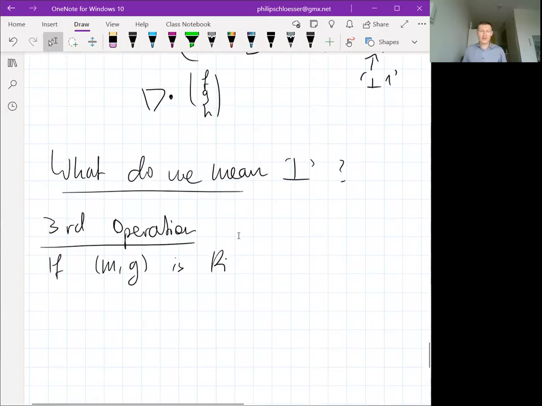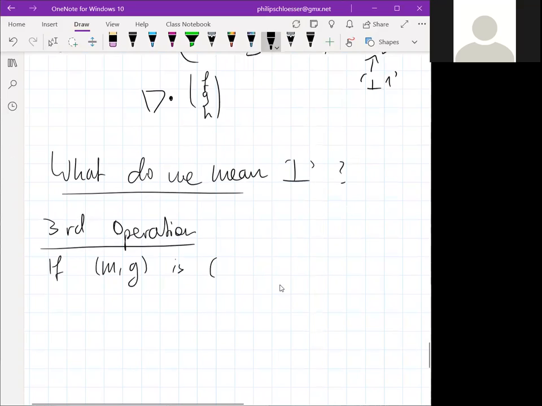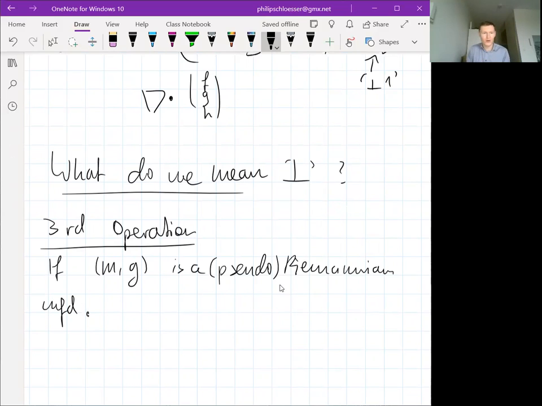Yes, and that is exactly what I'm doing now. So we introduce a metric. And the metric gives us an isomorphism between TM and the cotangent bundle.